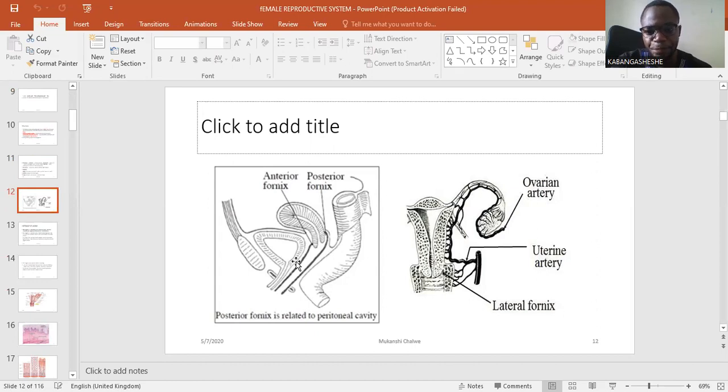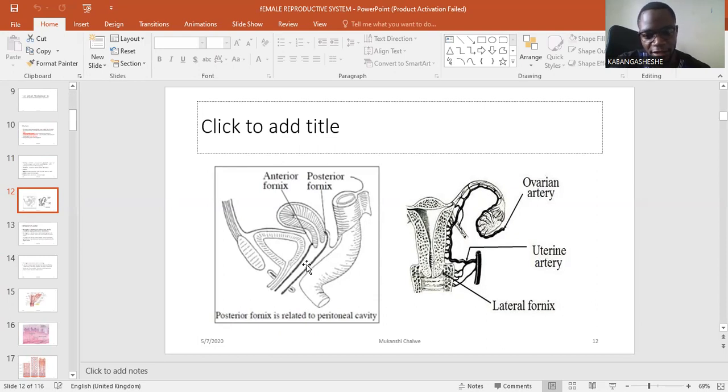Now the vagina is a muscular tube, so it's able to stretch. If you compare, the penis is about 18 centimeters in length, roughly 12 centimeters going up. But here we are talking about 9 centimeters and the rest.